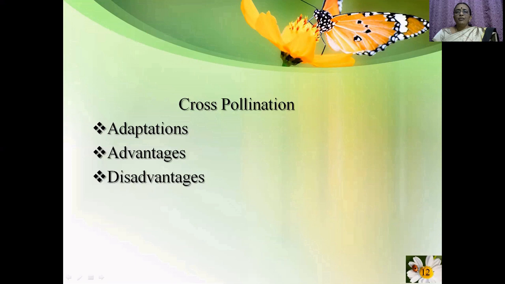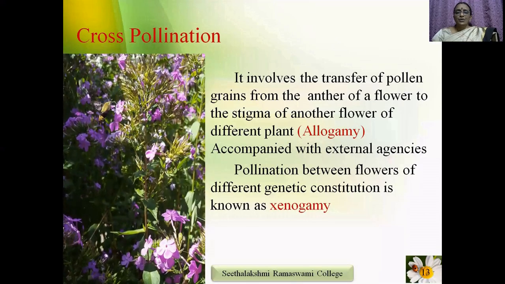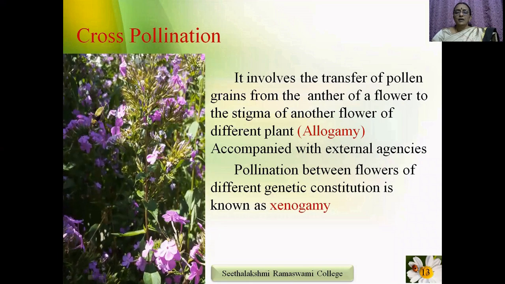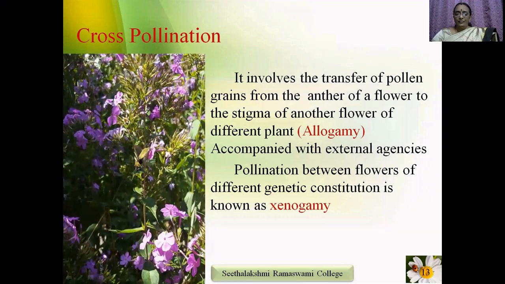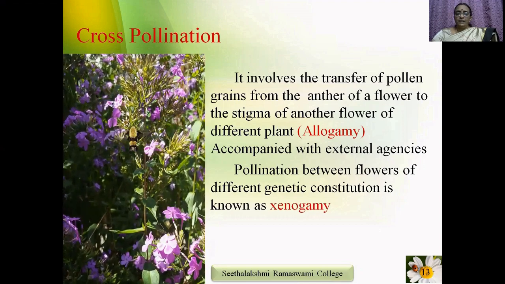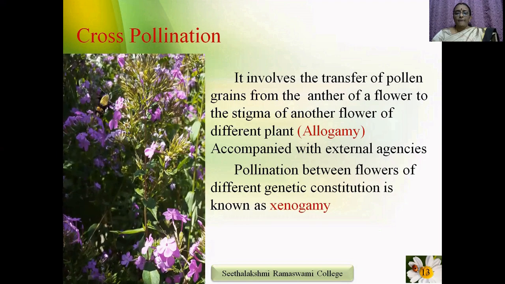So the next type of pollination is cross-pollination. We will now learn about the adaptations for cross-pollination, and the advantages and disadvantages of cross-pollination. Cross-pollination involves the transfer of pollen grains from the anther of a flower to the stigma of another flower of a different plant, which we call allogamy.